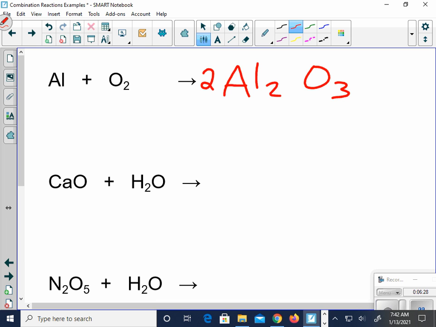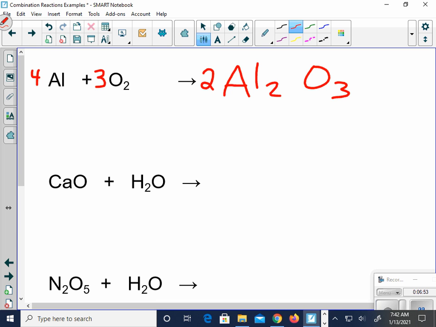Once I take that to 6, that gives me 4 aluminums. So I have now balanced and predicted the reaction.